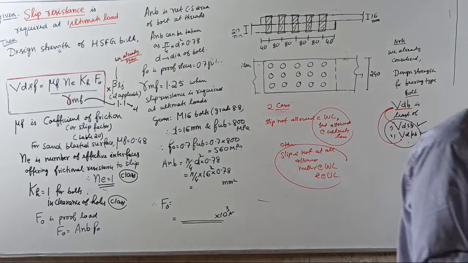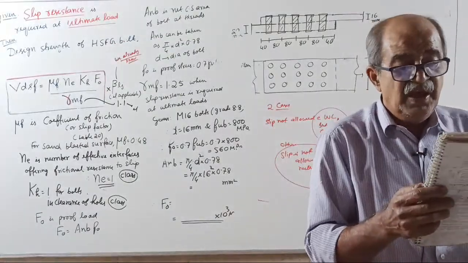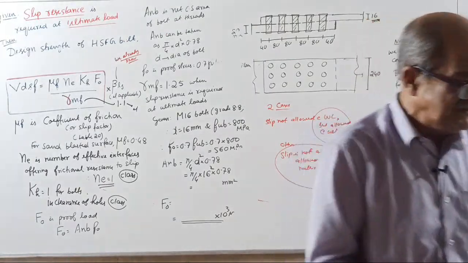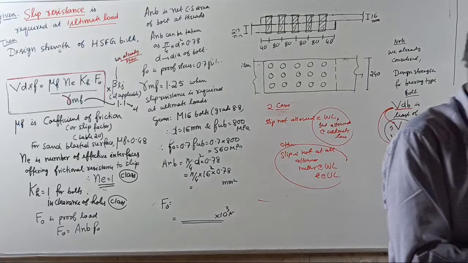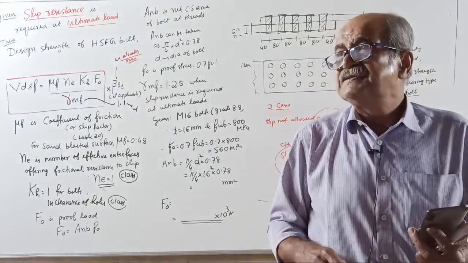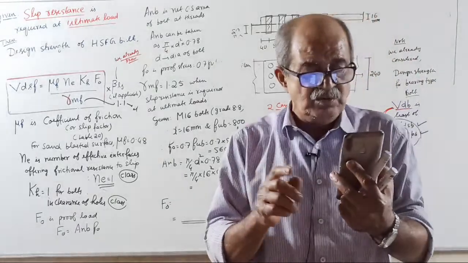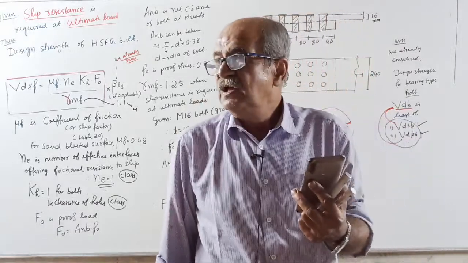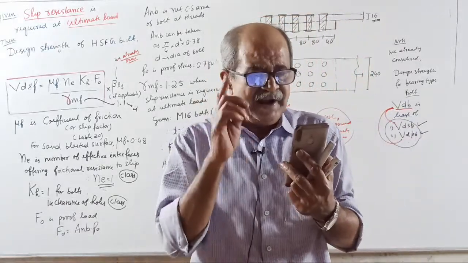It is given. Gamma MF is 1.1 if slip resistance is designed at what load? We should take 1.1 if slipping is prevented at what load?